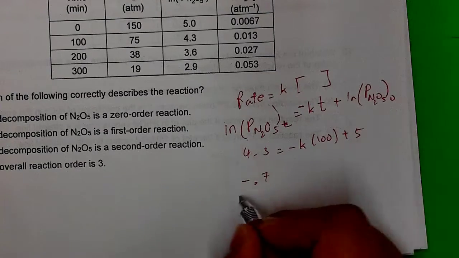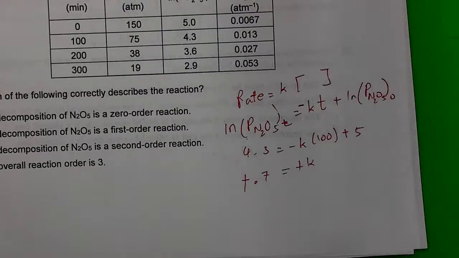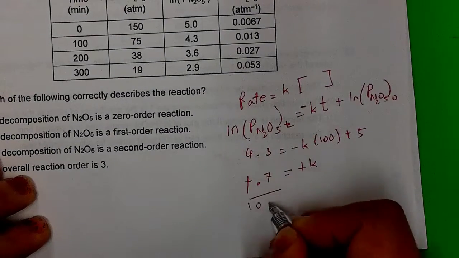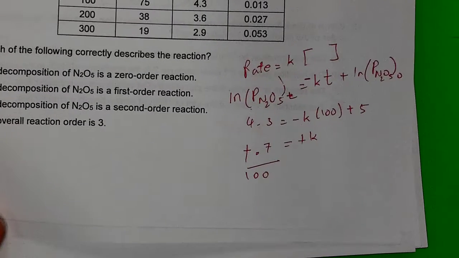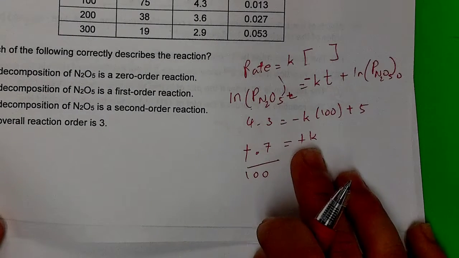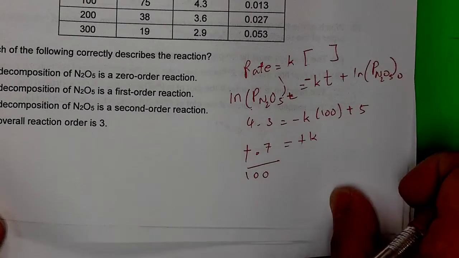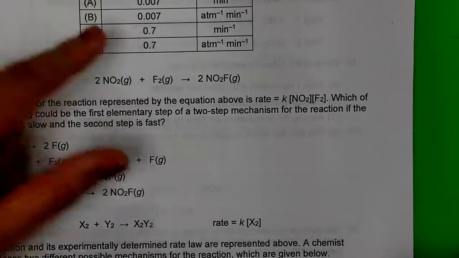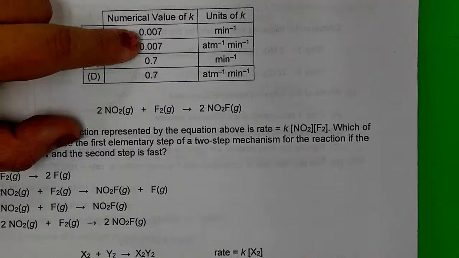Negative 0.7 equal to negative k times 100. Forgot to divide by 100. So that will be a positive k, 0.007. Okay? 0.007.